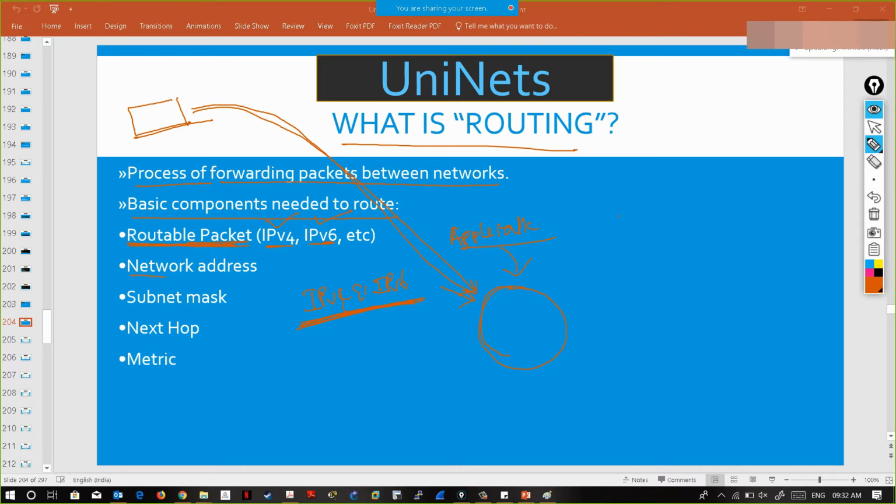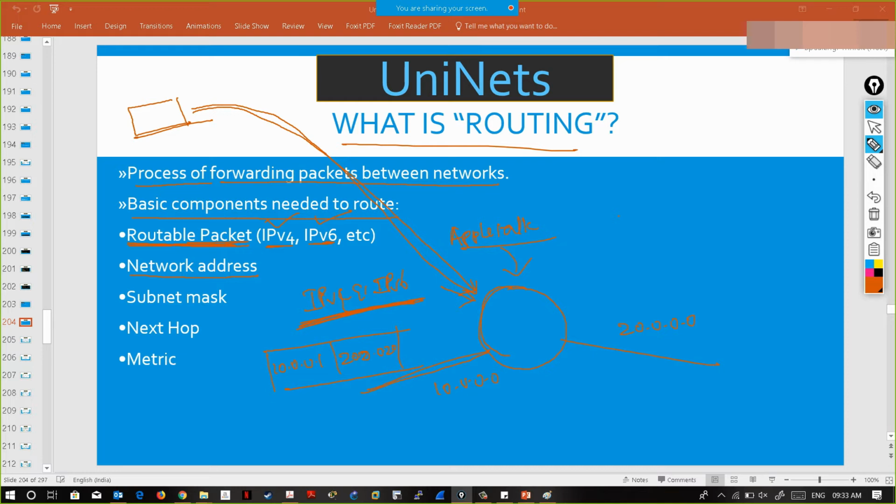Next thing is the network address, right? This is my 10 and this is my 20, right? There is a packet with my source 10.0.0.1 and my destination 20.0.0.20.